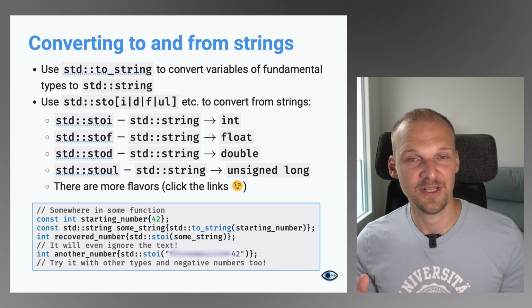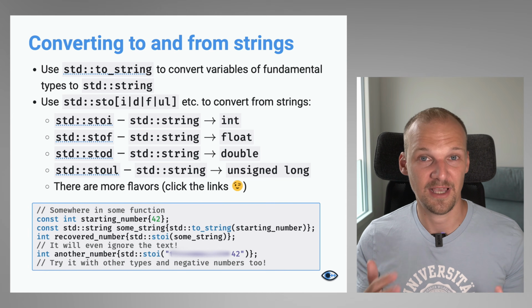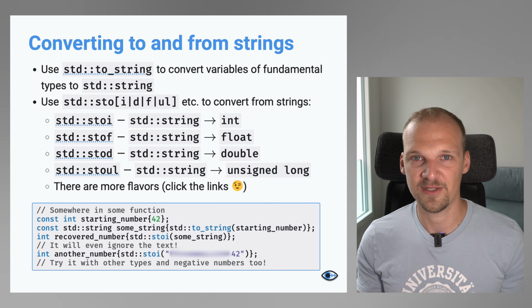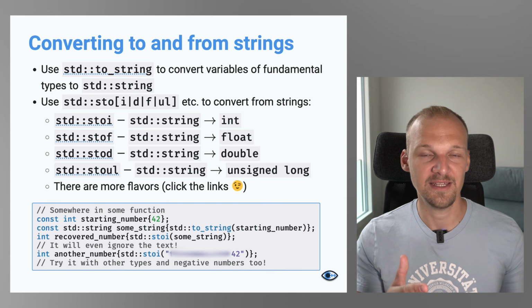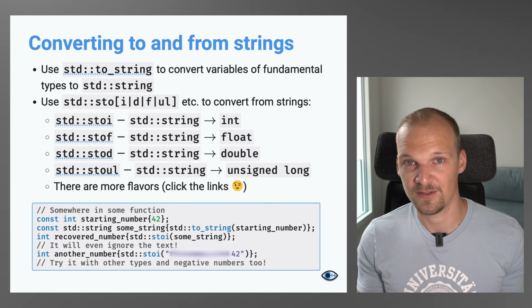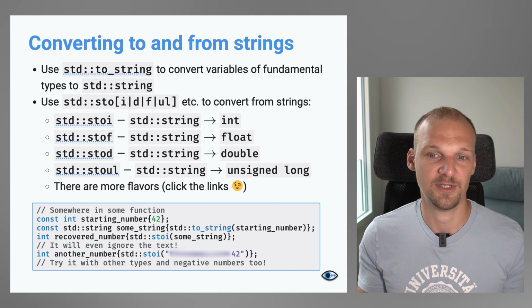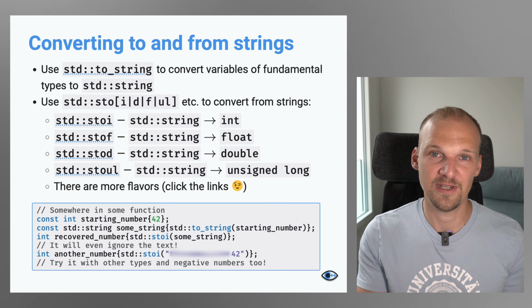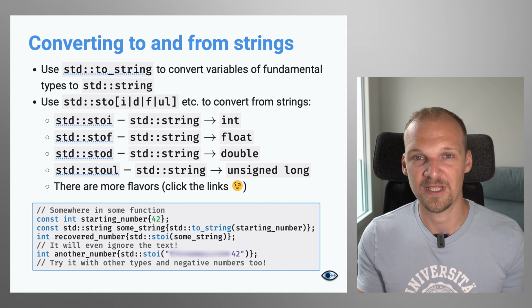And one more thing about strings that is very important to know is how to convert to and from strings. This is very useful in multiple cases. We can convert any type, or any fundamental type at least, to a string by using the std::to_string function. Basically, we just provide some number as input, and it will be reproduced as a string.